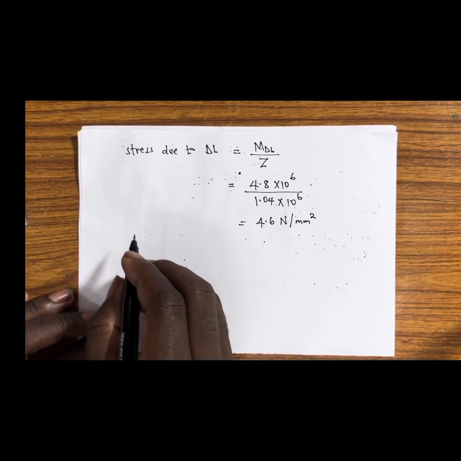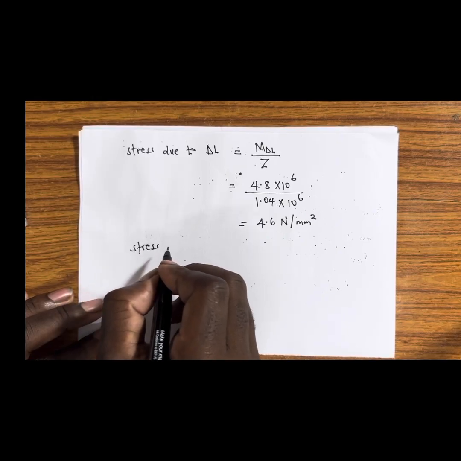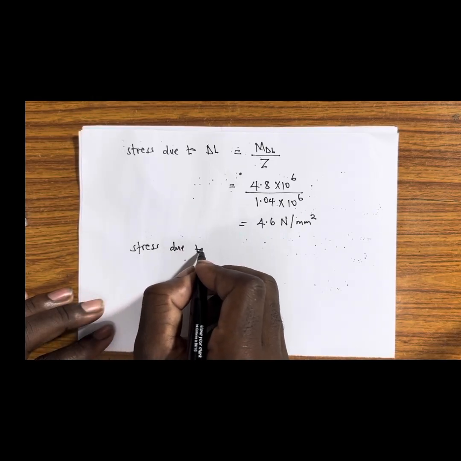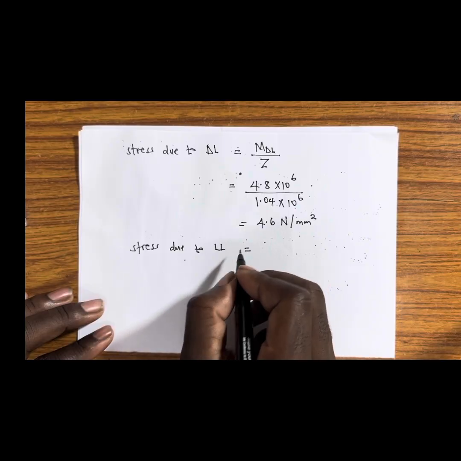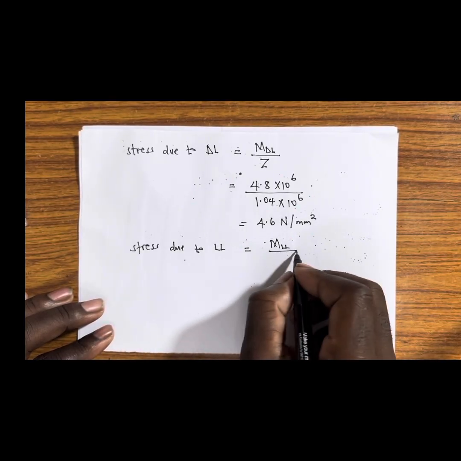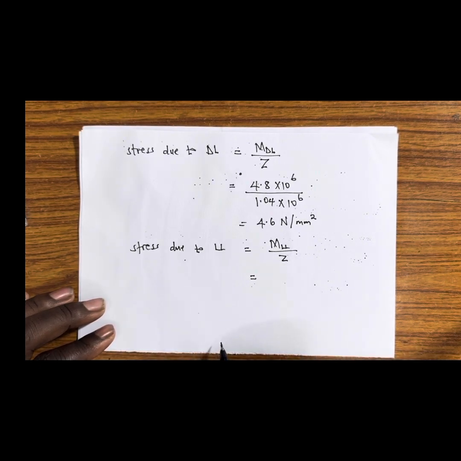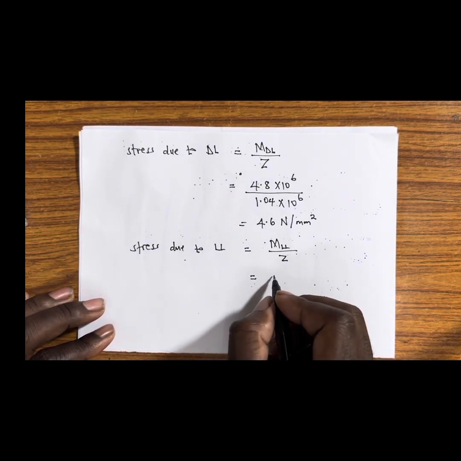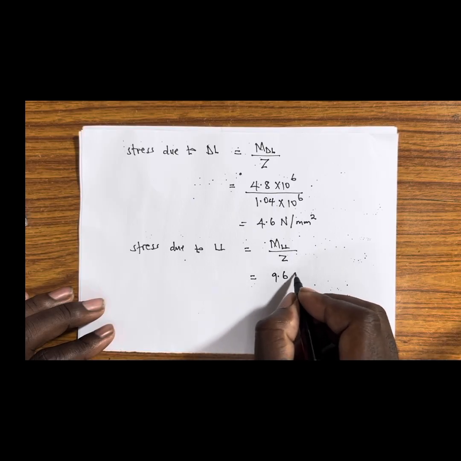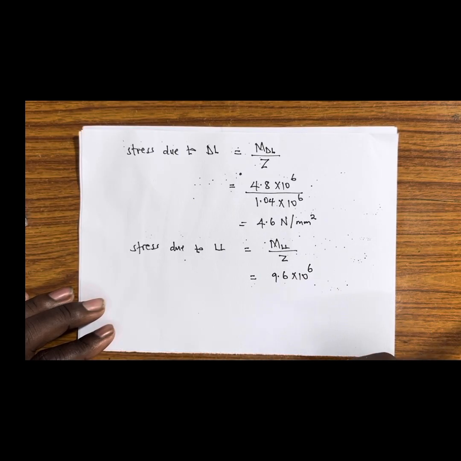Let's have the last part of the stress, which is the stress due to live load. Stress due to live load is moment due to live load divided by section modulus. The moment that we found due to live load was 9.6, multiplied by 10 to the power 6 to put it in Newton millimeter.